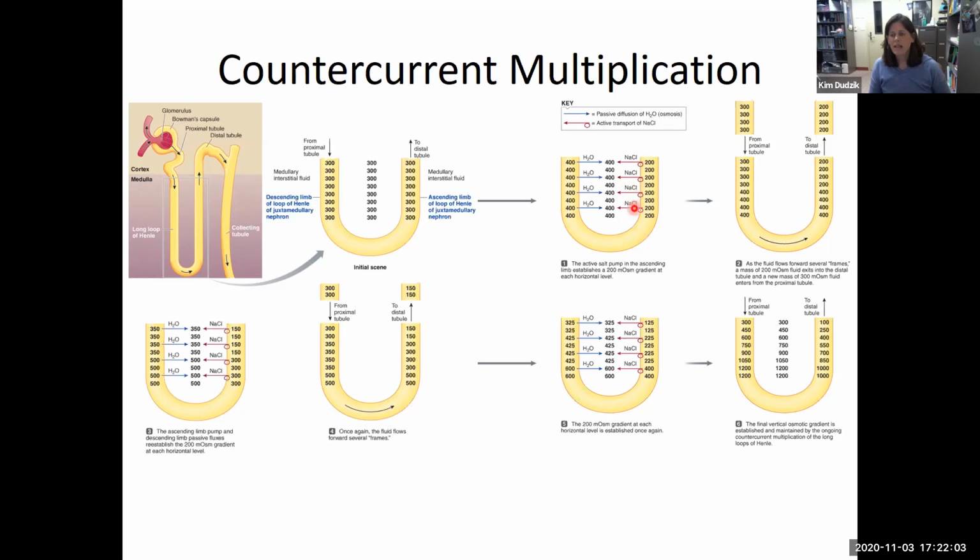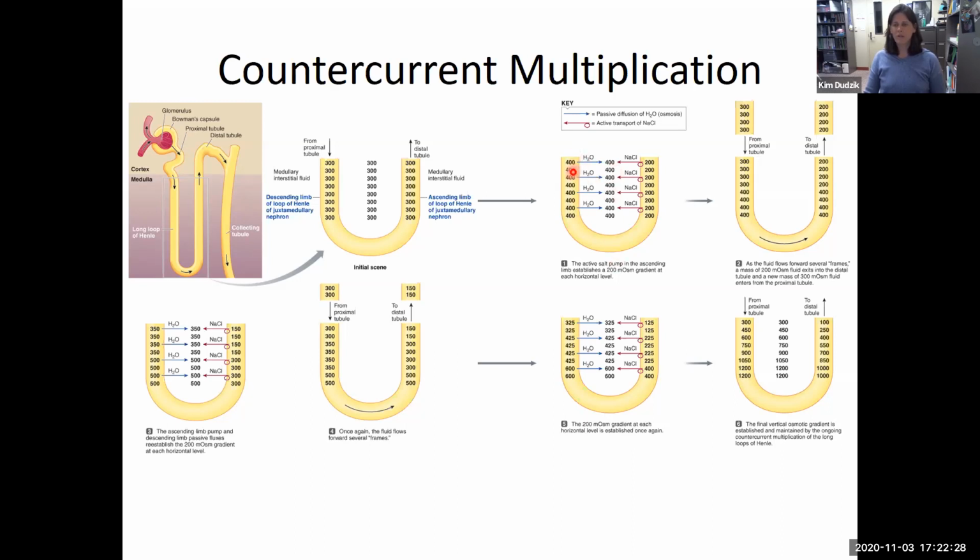When the ascending limb does that, and the descending limb is permeable to water, right? So now this was 300, surrounded by a hypertonic solution of 400. So water moves out passively until it equilibrates to 400, all the way down.